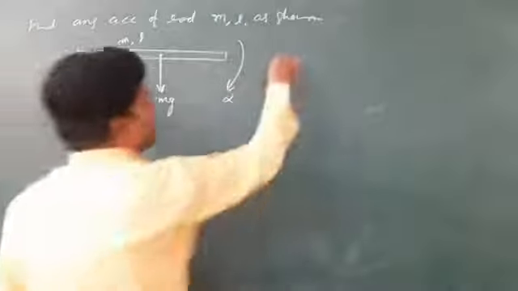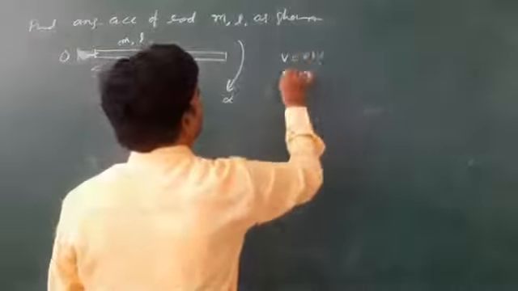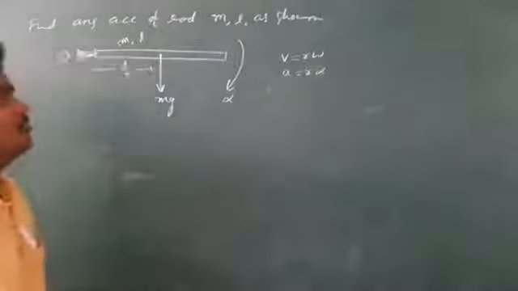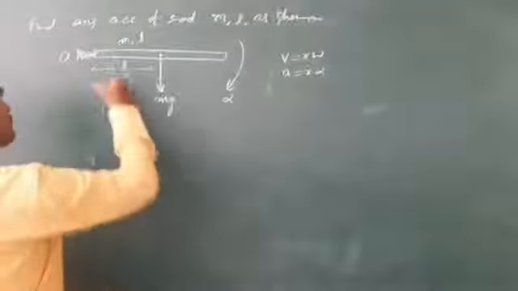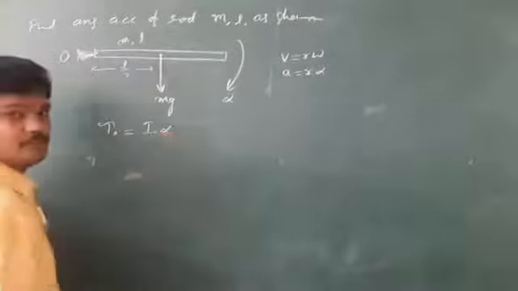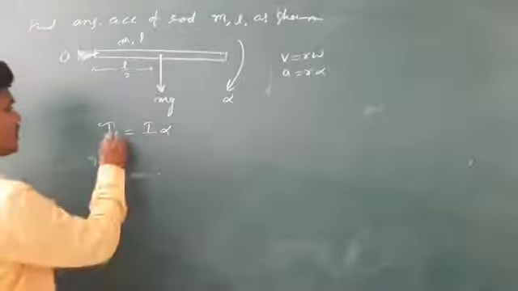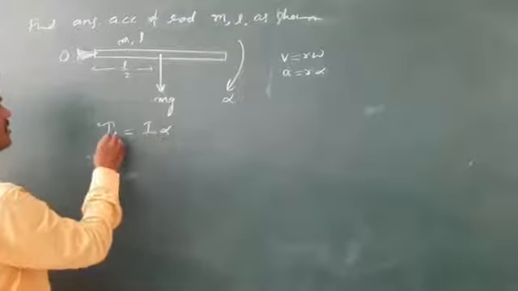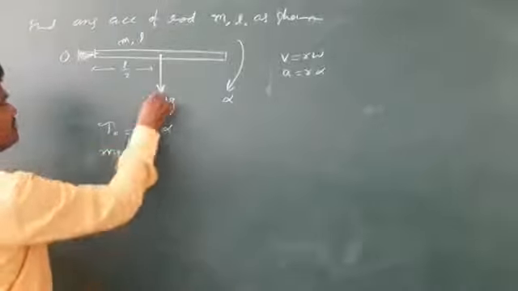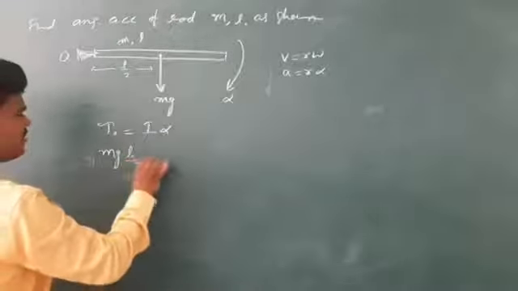We have links like v is equal to r omega, a is equal to r alpha. I think you have remembered this in circular motion. And see, take the torque about O, which is equal to what? I into alpha. Torque about O is I alpha. This torque is nothing but force into distance, so take only mg into distance L by 2.